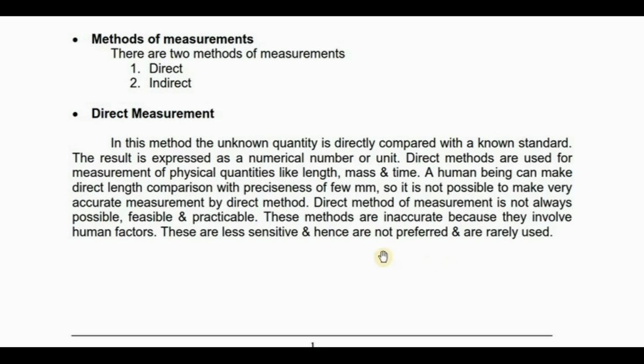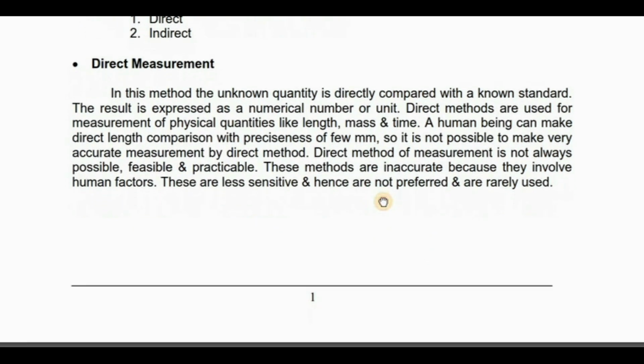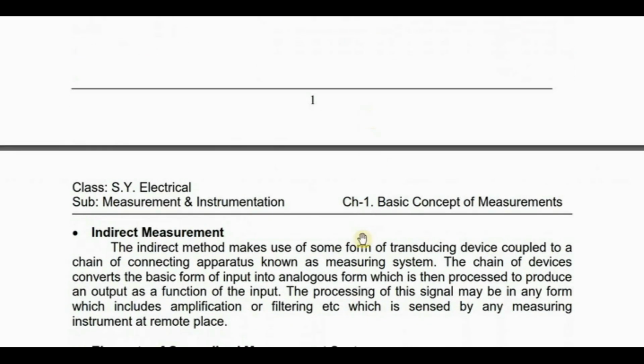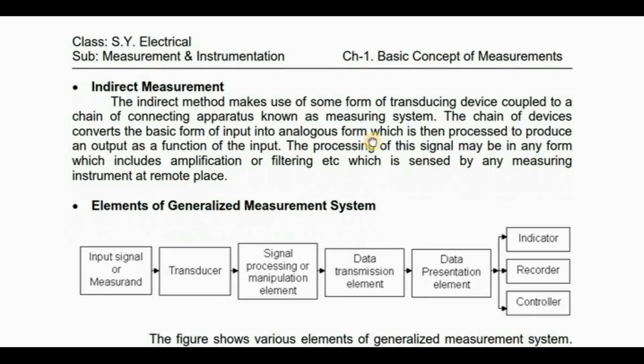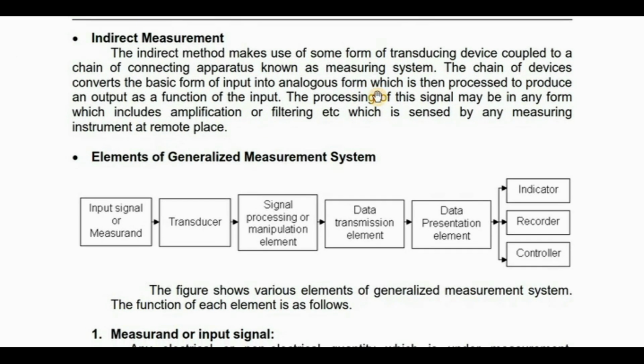Okay, so let us see what the indirect method is in brief. As you see here, what has been said? The indirect method makes use of some form of transducing device coupled to a chain of connecting apparatus known as a measuring system.